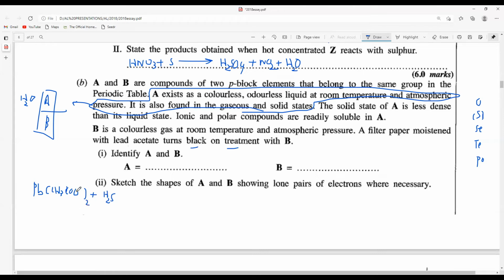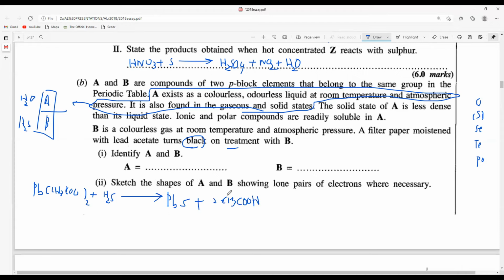So this will be lead acetate with H2S, and it will form PbS, lead sulfide, which is the black precipitate, plus the hydrogen combines with the acetate ions to form 2 acetic acid. So this is the normal reaction with lead acetate, right? So it should be H2S. So it's again a hydride, right? So oxygen, water, and H2S. So they are telling us to identify A and B. So A is water, B is H2S.